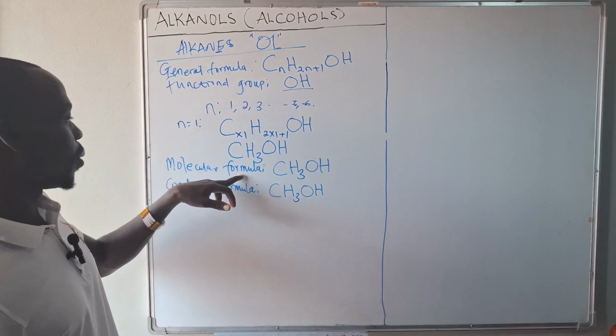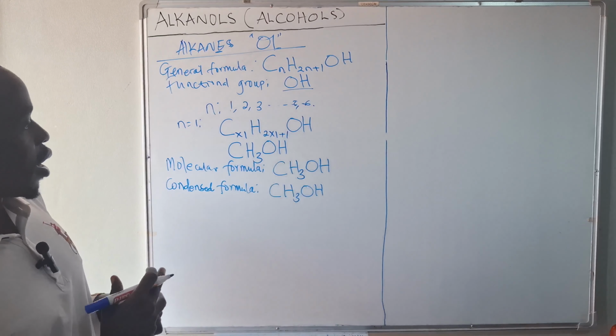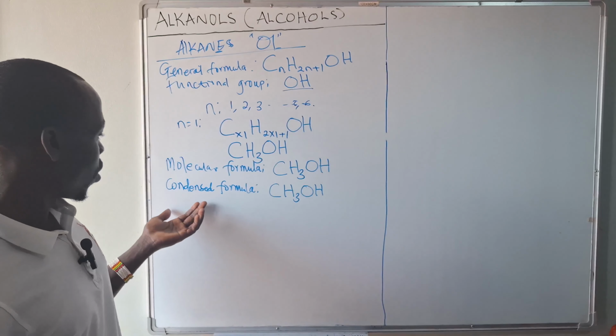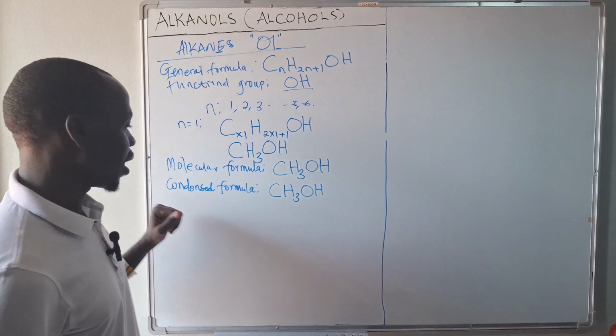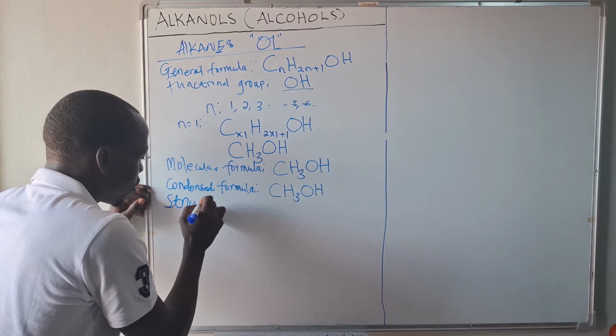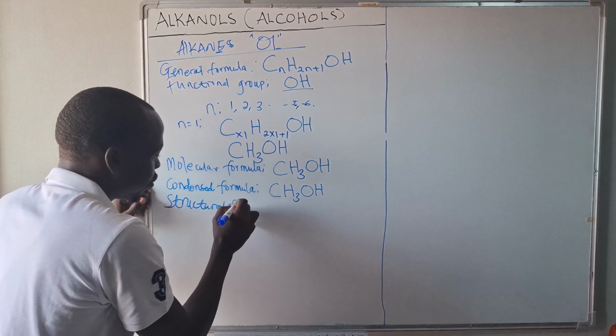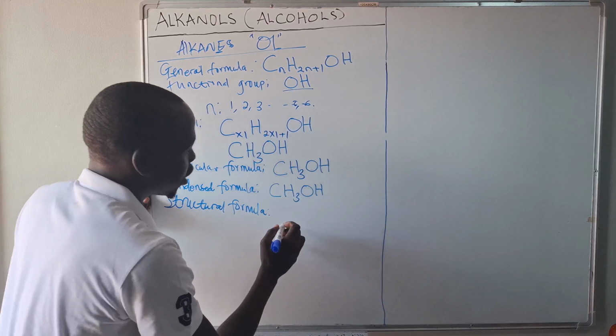The molecular formula just shows the number of atoms in the compound. Then we also have the condensed formula, which shows the arrangement. Likewise, the structural formula. So structurally, we are going to have this in this format.